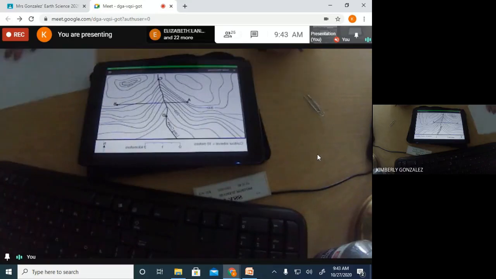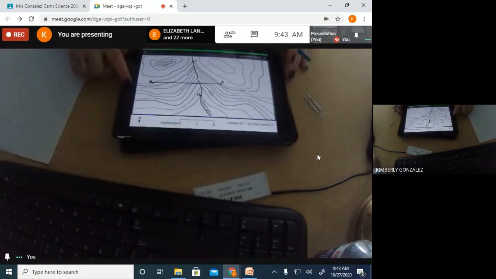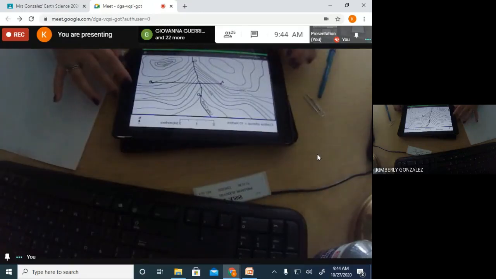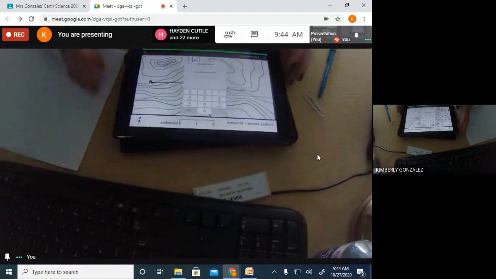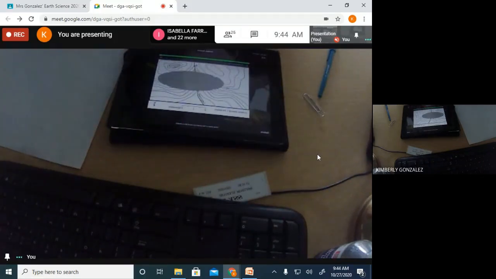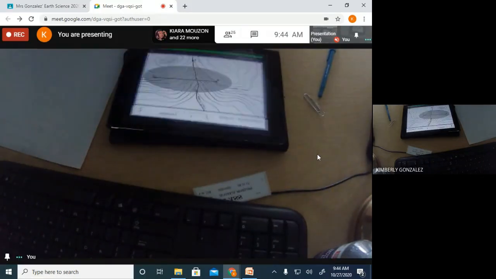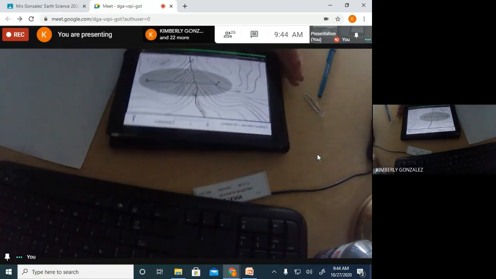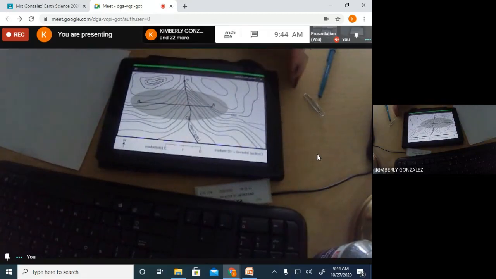You probably are also going to want to triple click, start your guided access over the area in which you're doing the profile, which is going to be from A to B. Because you don't want this to move in any way, shape, or form. Got it so far? Okay.